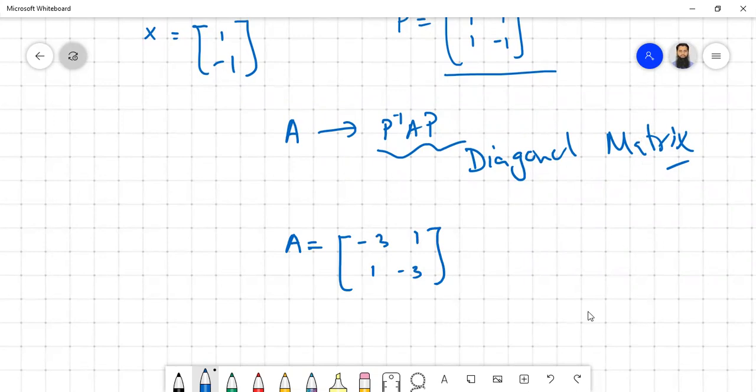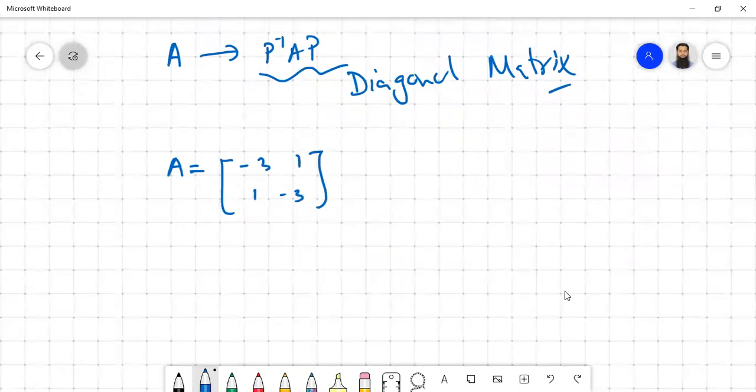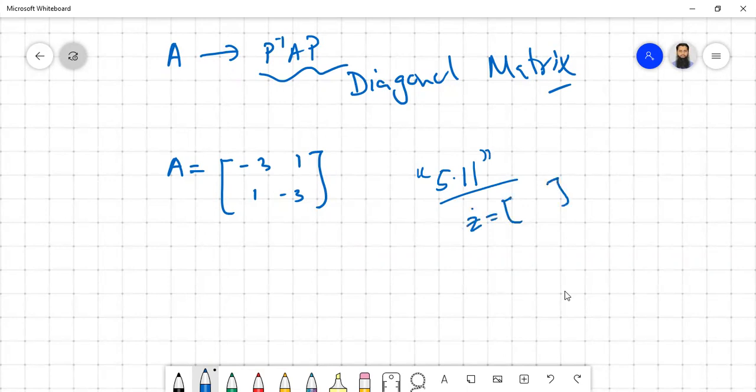Actually in example 5.11, they have solved the whole system and figured out z dot equal to the new A matrix into z plus the new B matrix into u, then y equal to the new C matrix into z.